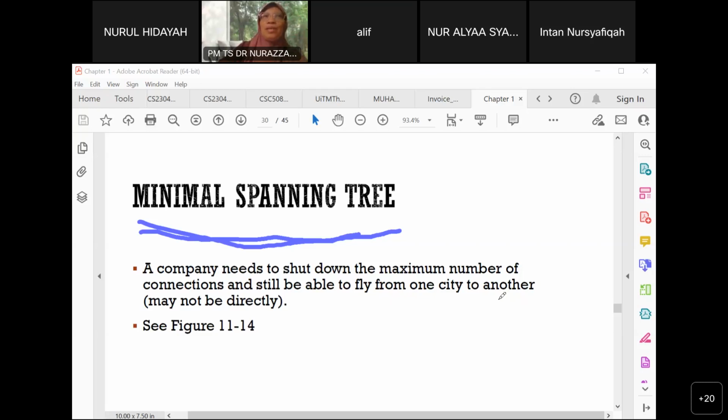Ini maybe untuk company yang fly from one city to another, kapal terbang lah kan. That means a flight company, katalah Mas ke, contohnya Air Asia, contoh macam itulah. So disebabkan keadaan ekonomi yang kurang memberangsangkan, so they want to cut cost kan.